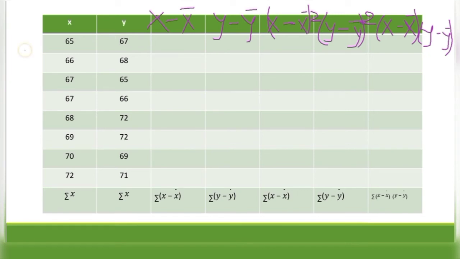So as we have found out x bar, I'll just write it over here. So x bar is 68 and y bar is 68.75.